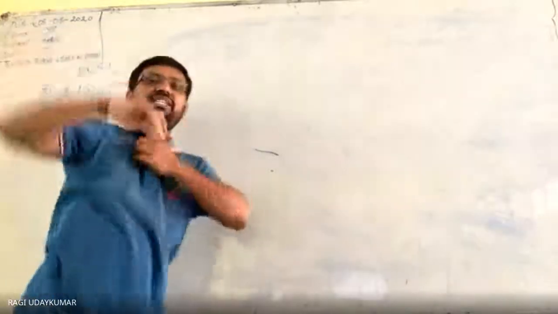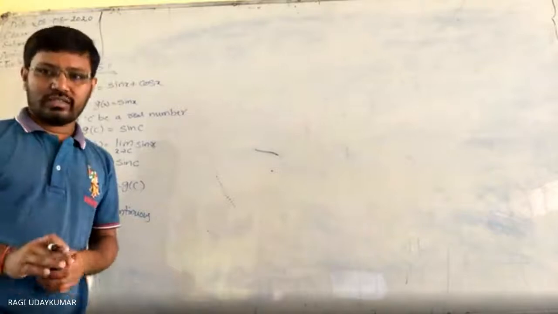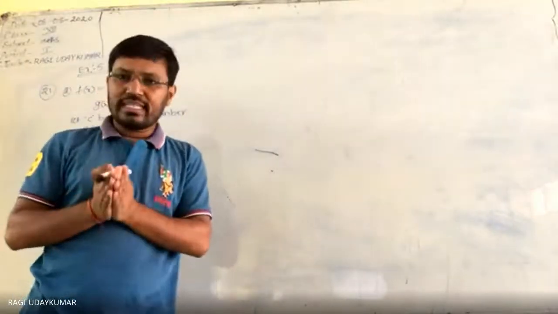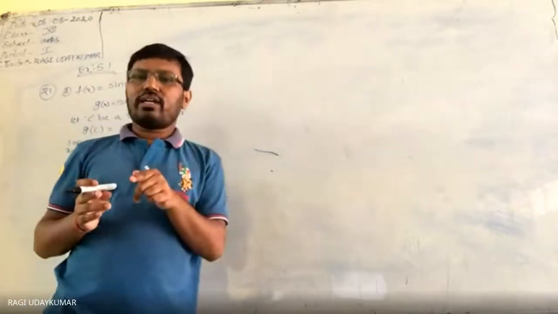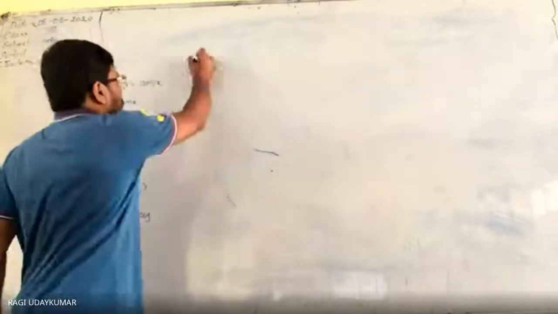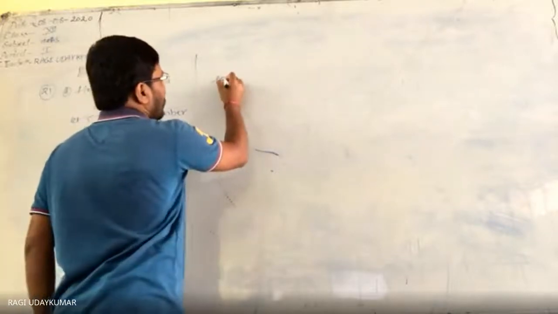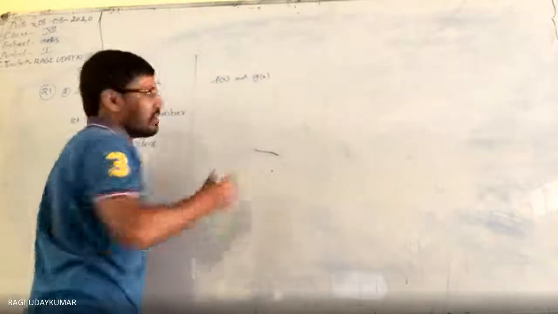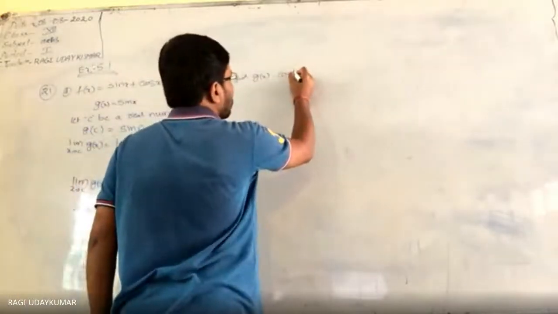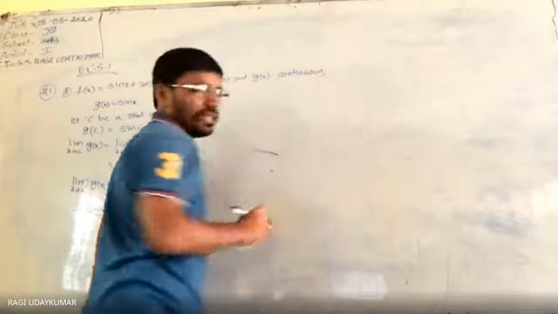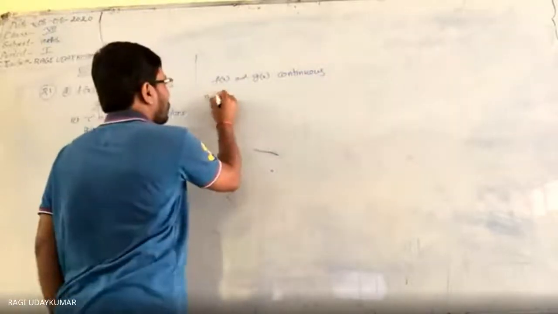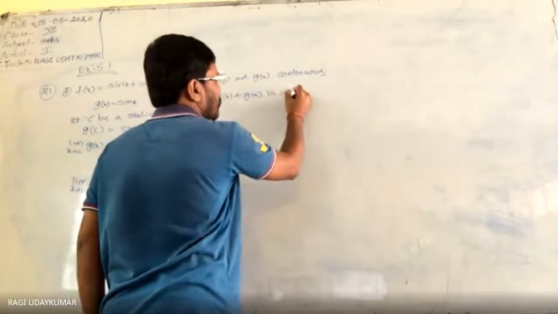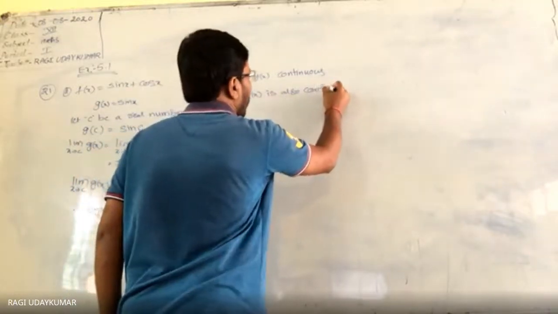So when the two functions f of x and g of x are continuous, then by the algebra of continuous functions, f plus g is also continuous. Do remember that these points are very important. F of x and g of x are two different functions. If f of x and g of x are continuous individually, then f of x plus g of x is also continuous.